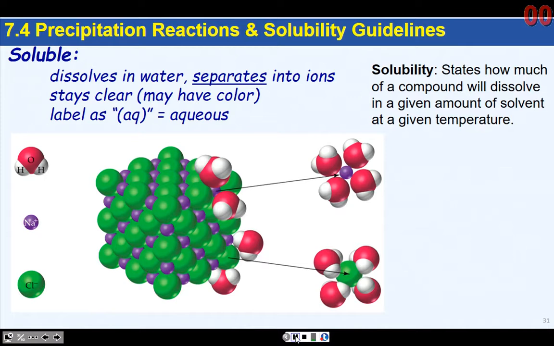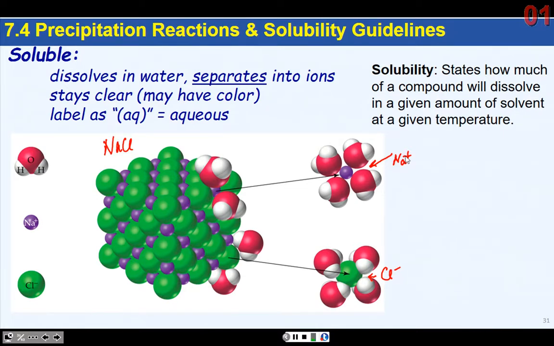That means aqueous. And as represented in this diagram here, for a sodium chloride crystal, when it dissolves in water, the sodium ion is going to be totally surrounded on all sides by water, and the chloride ion is also going to be surrounded on all sides by water.